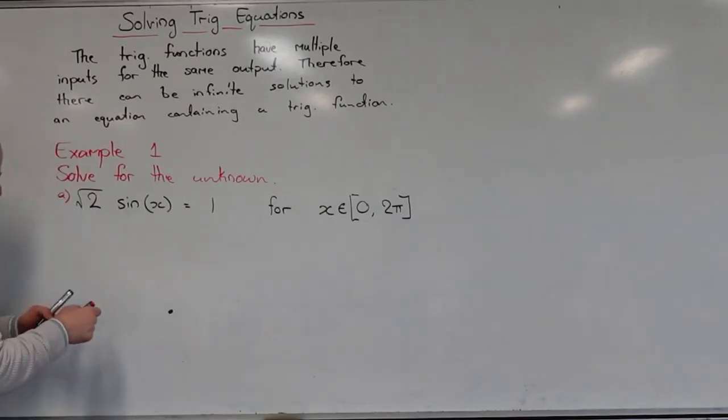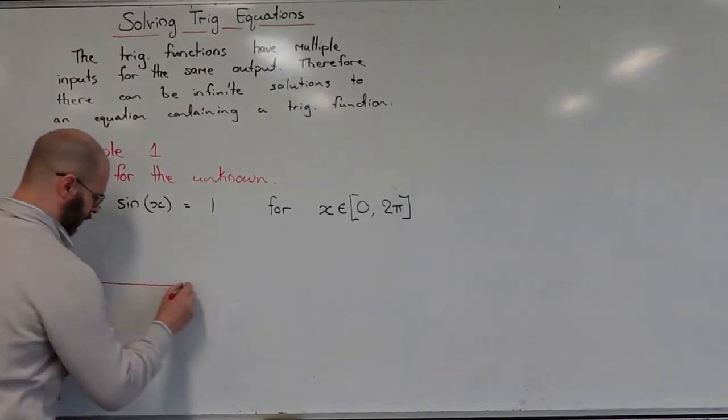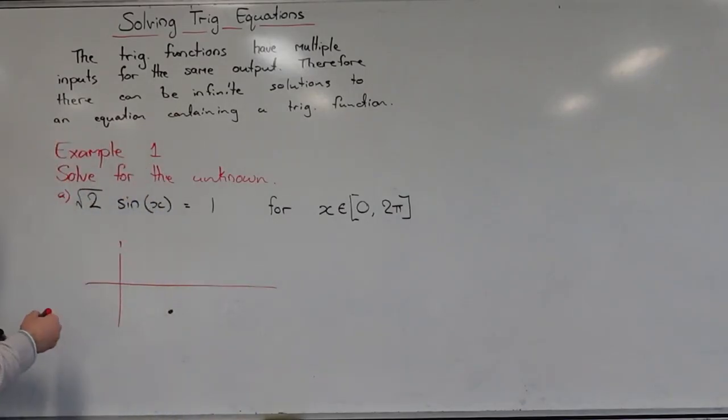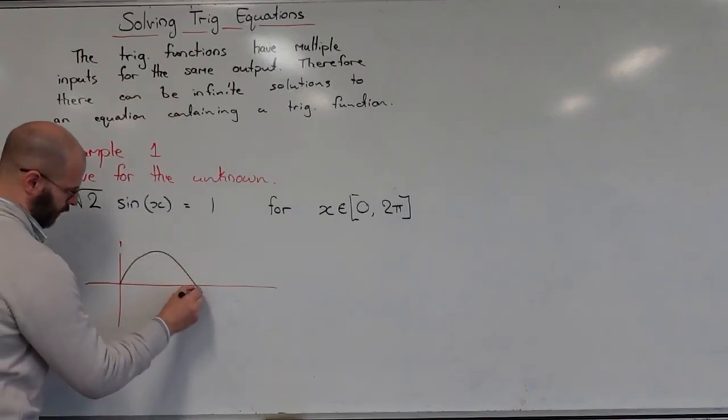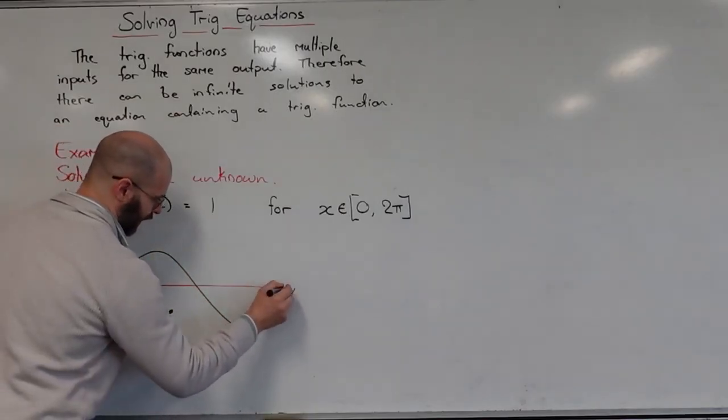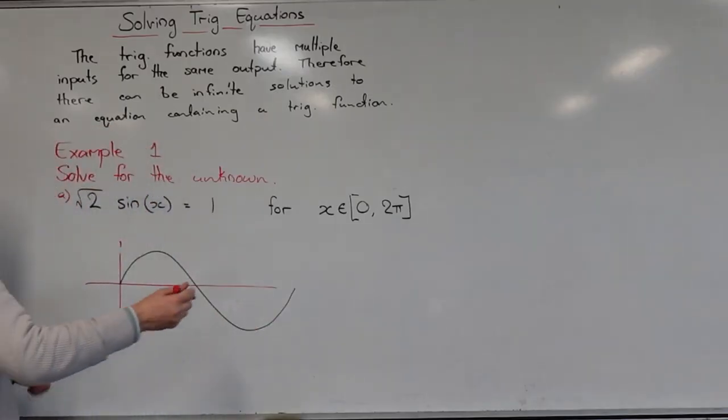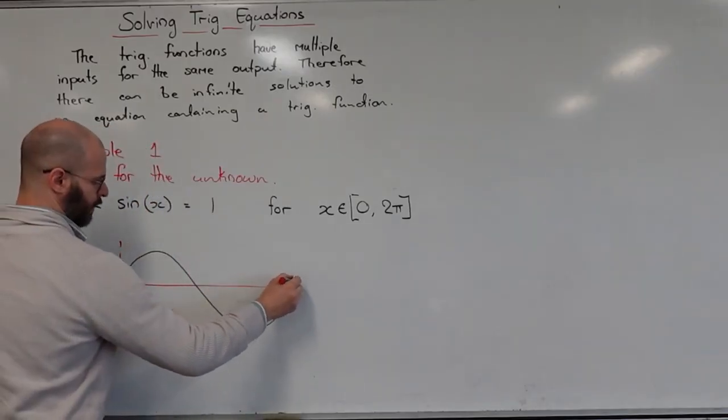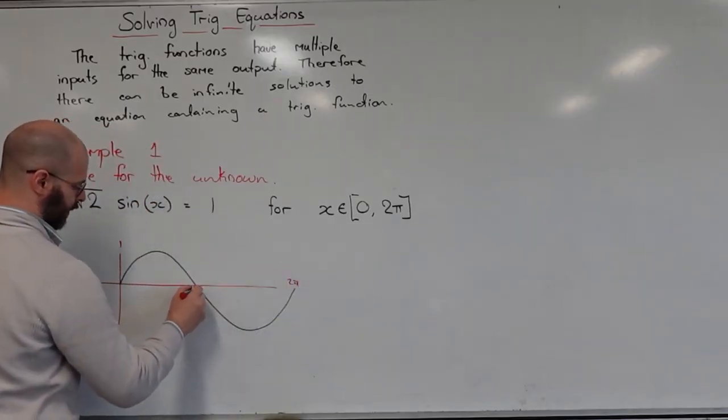Now, you guys have already graphed the sine function. If you were to graph it, you would know that across this domain, sine starts down here and it waves like this, where this is 2 pi, this is pi.